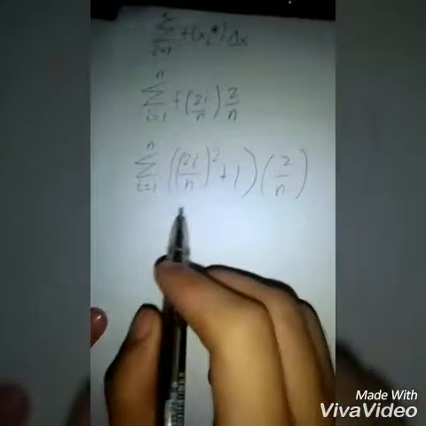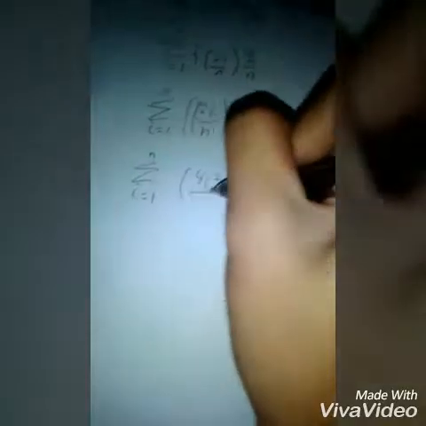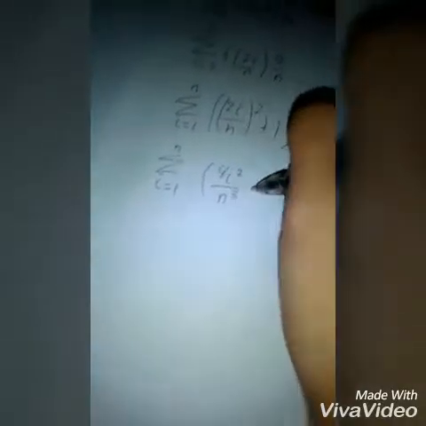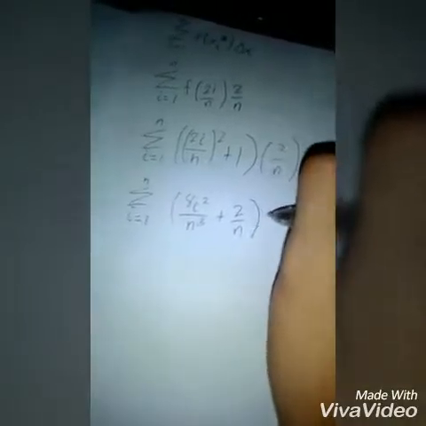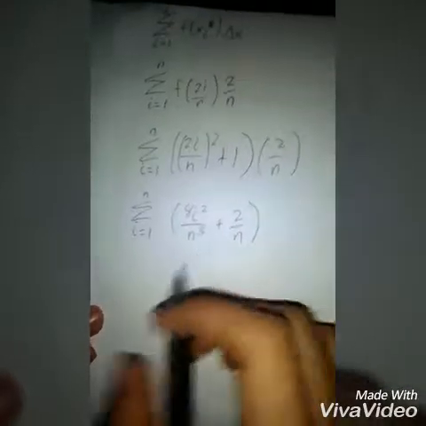All we have to do is distribute this 2 over n. Let's distribute this summation to the two terms.